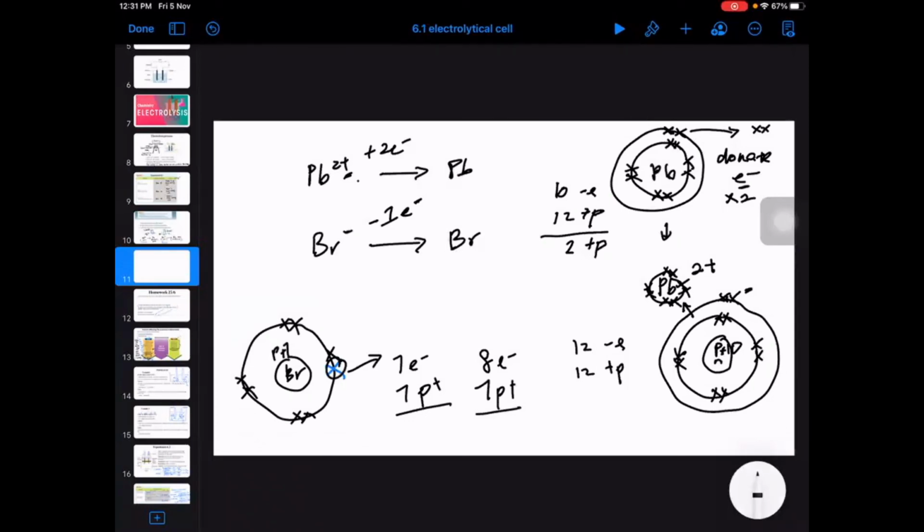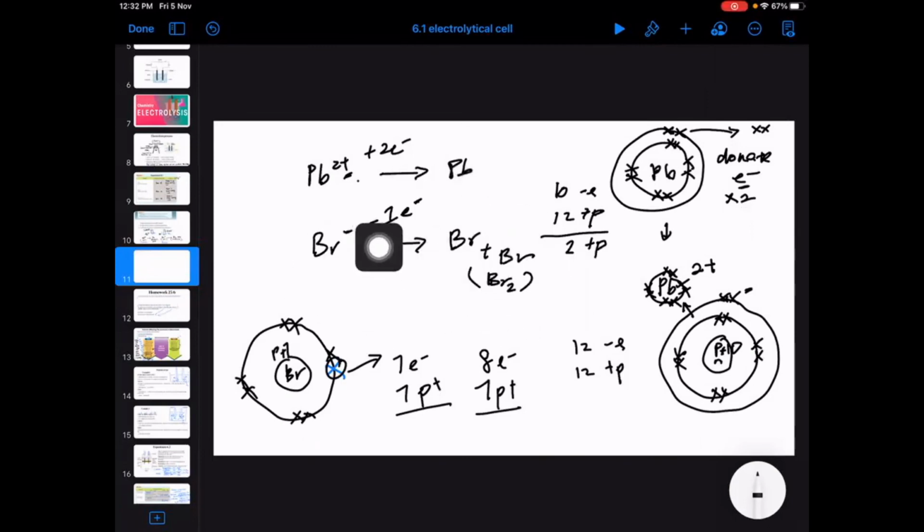And then this one will definitely combine with another bromine atom and become a molecule, because bromine atoms are very reactive, they cannot be alone. They will combine with other bromine atoms and form bromine gas. So this is what happened.